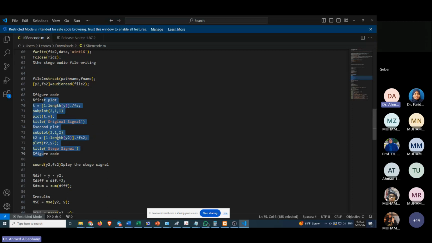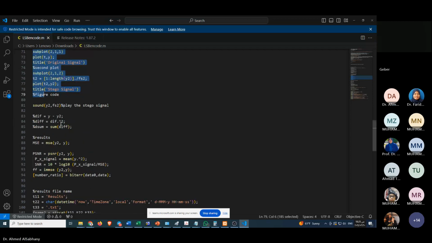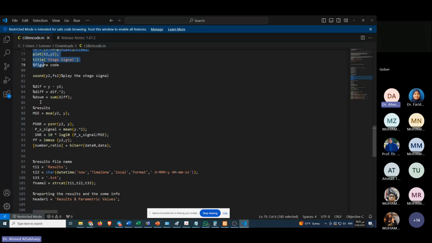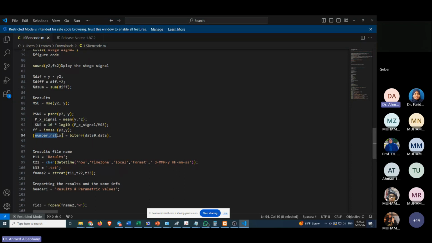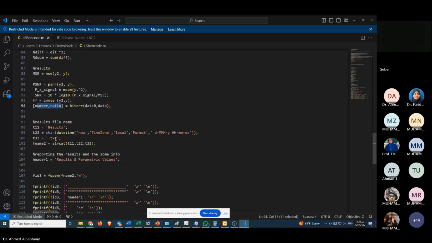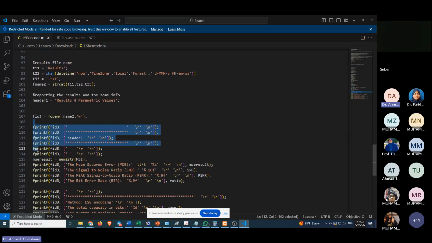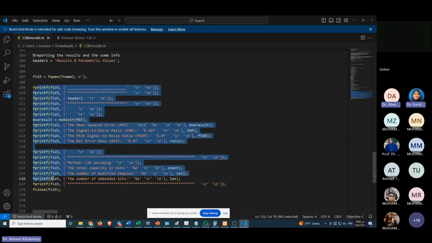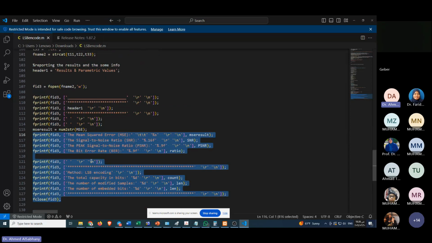We are plotting these two signals together to see if there is a significant difference. Finally, over here we have the metrics: the mean square error, the PSNR, the SNR, and the bit error rate, the number and the ratio of the error, and that's it. Here we are writing a small report in text format, so it's just easy.